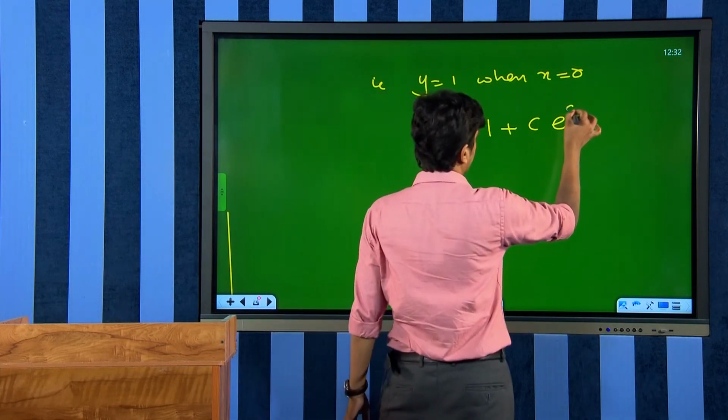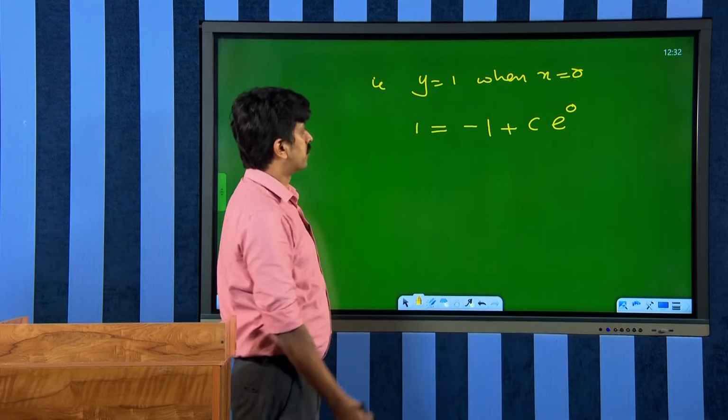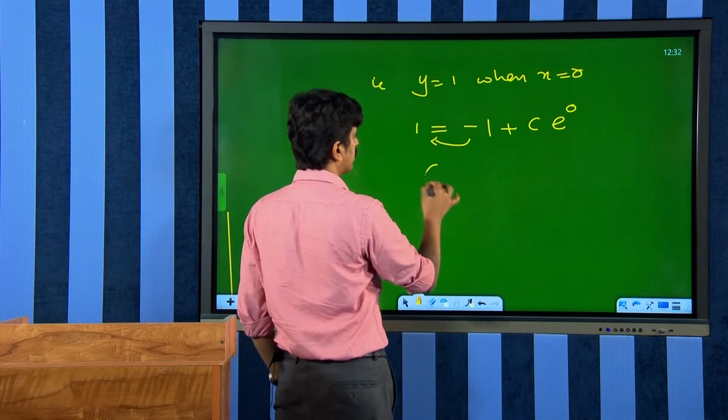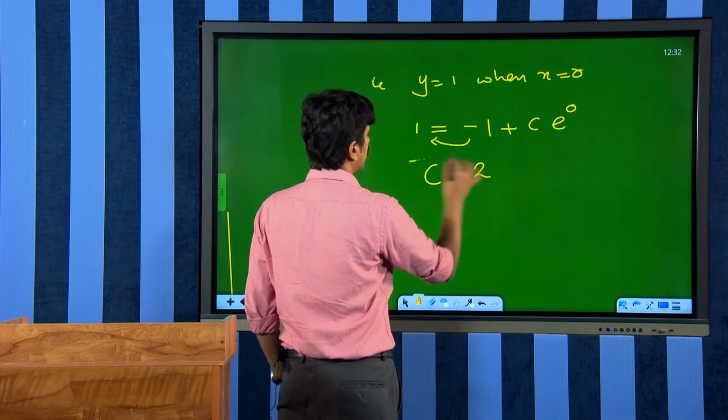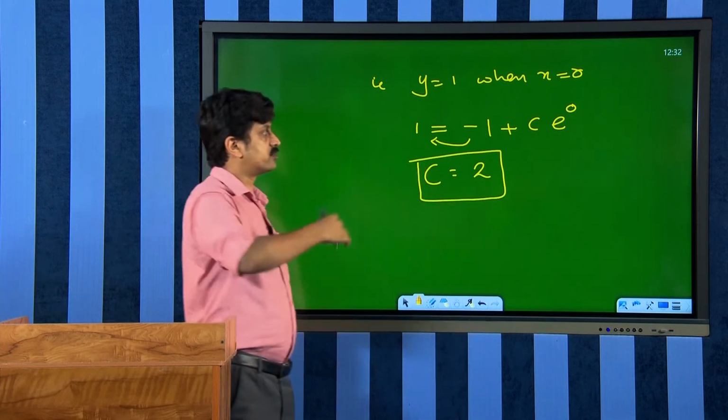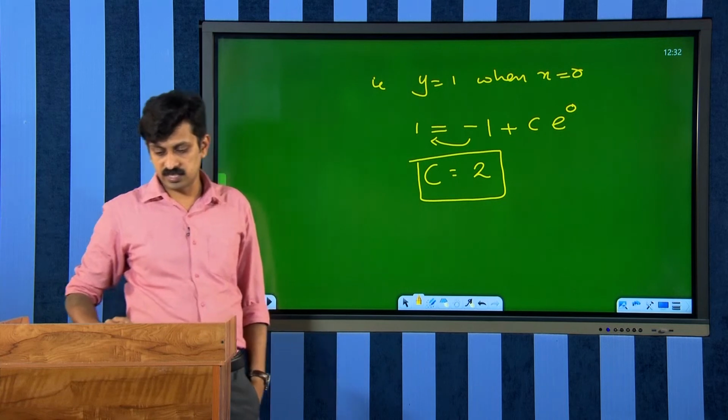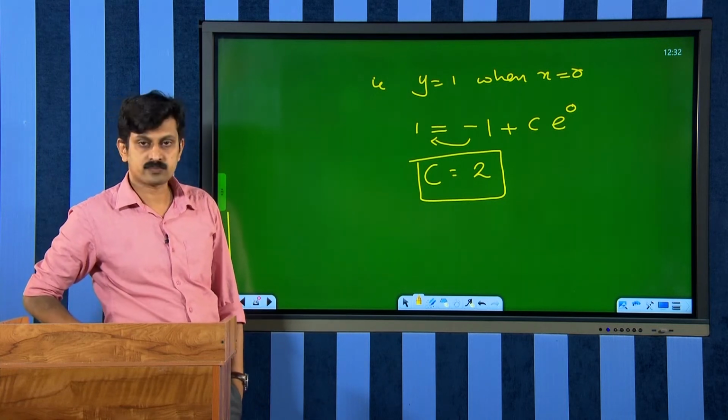Therefore, e raised to 0 is there. We can take this minus 1 to the other side. Therefore, c will be equal to minus 1 plus 1, c raised to 0 equal to 1. So, c is actually equal to 2.